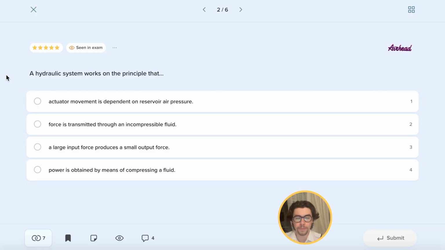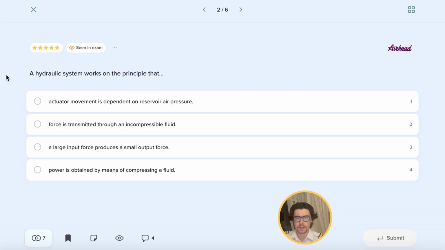For question number 2, a hydraulic system works on the principle that... So for the questions regarding the principle of hydraulic systems, always look for incompressible fluid as a keyword. The whole idea behind hydraulic systems is that the fluid is not or almost not compressible, so that we can transfer the energy from one point to another with differences in force compared to the one applied to the one that is output later by the actuators.